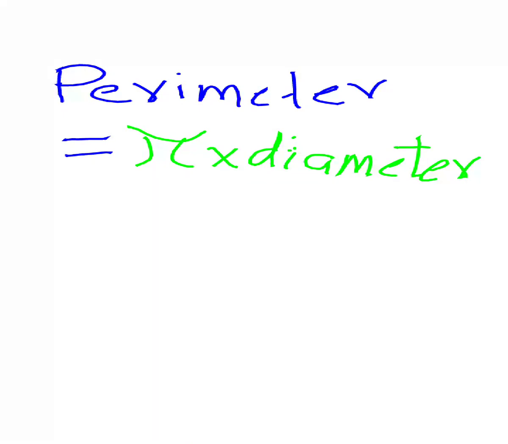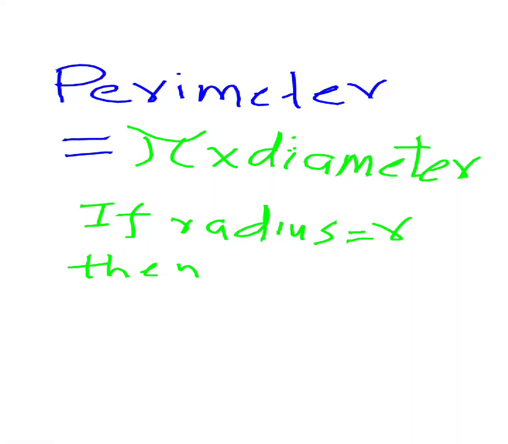What is diameter? Suppose the radius is r, then diameter is 2r. Okay, if radius is equal to r, then diameter equals 2r.